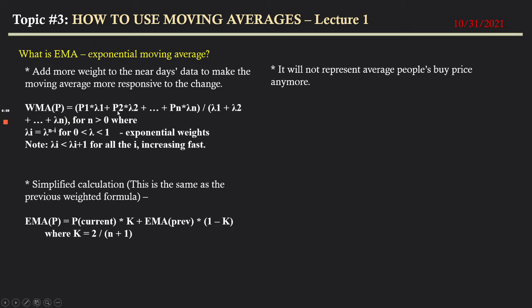Now you can see this price has a weight on it. So the overall result is not an average anymore. It does not represent everyone's buying price anymore. But it's more responsive. It tells you quickly about changing directions.